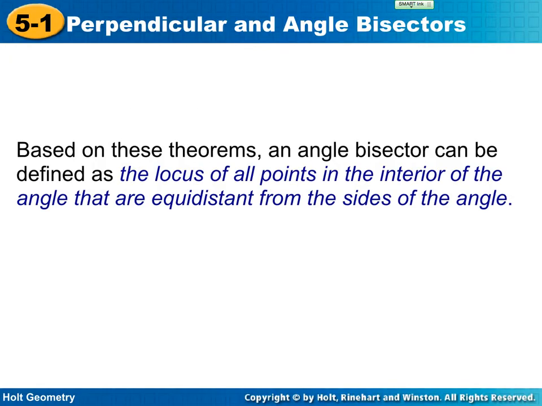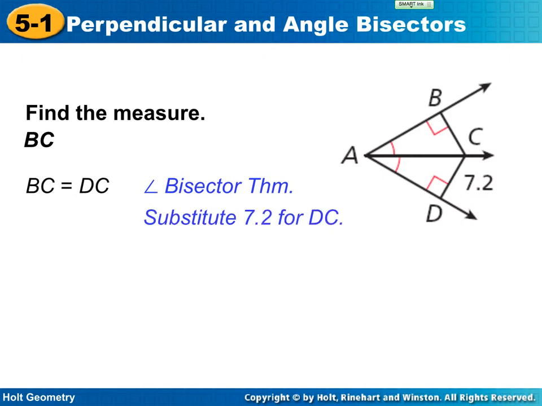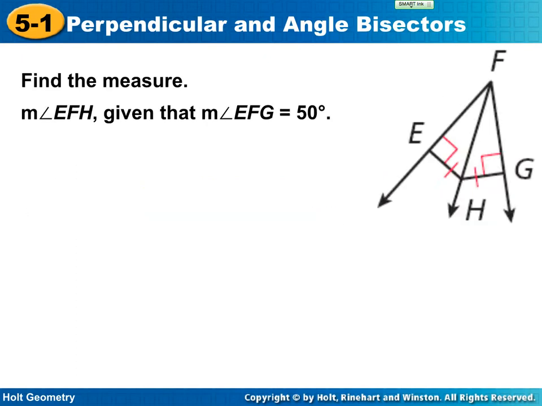The locus of points, they might use that terminology again. Okay, how long is BC? Do we have an angle bisector? Yes, so 7.2 was correct based on that theorem, not its converse. Do we have an angle bisector? Not labeled, so what's the converse say?